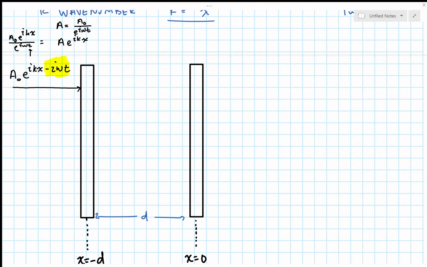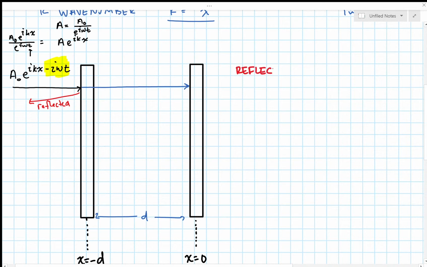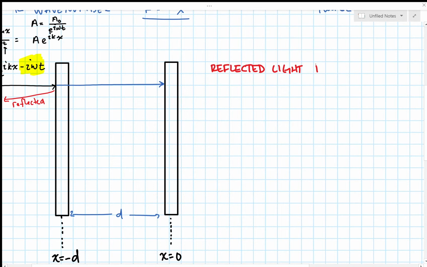All right, so when the light hits the first part of the interferometer, some of it bounces back. So this is the reflected, and then this is the transmitted. Here's the important thing to know, and this is the way that the whole piece works. Reflected light picks up a phase shift.